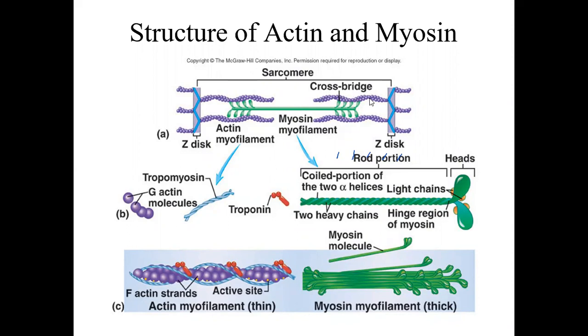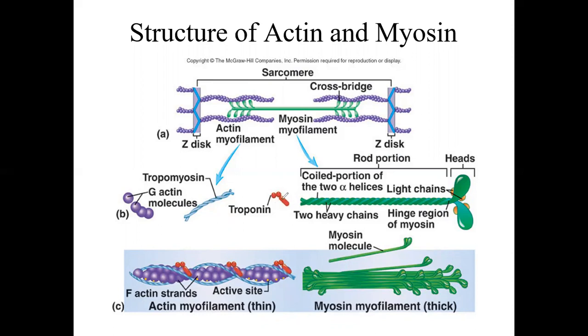Okay, so I don't know whether I need to elaborate this diagram any further. It is just obtained from a different book representing the same information I gave you. G-actin interacting to form the F-actin. You can see the F-actin strands here, which are forming a double helix chain.